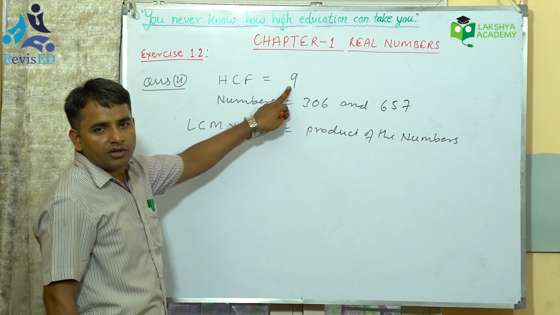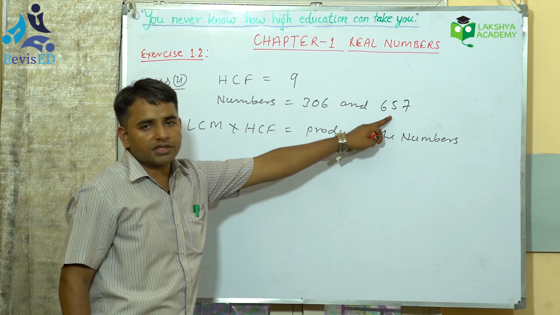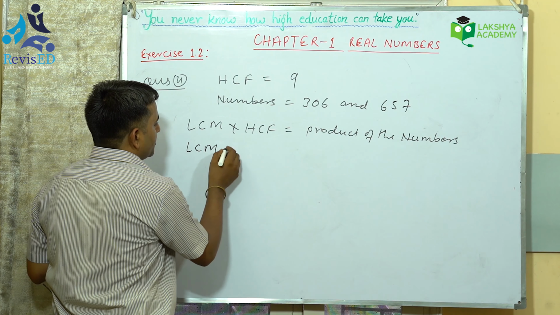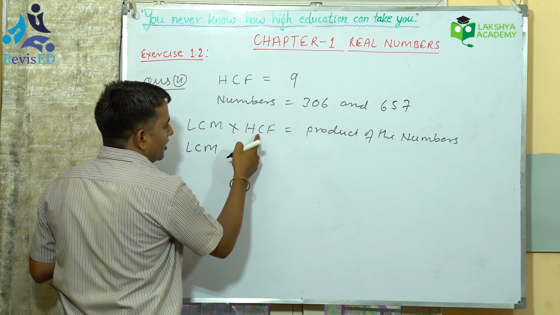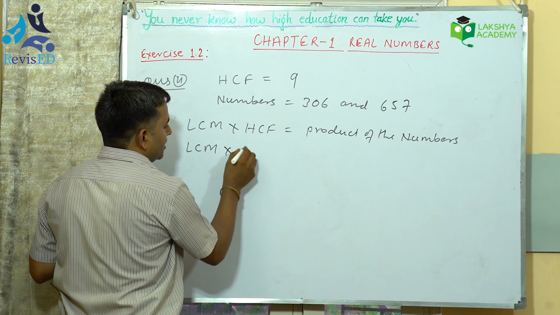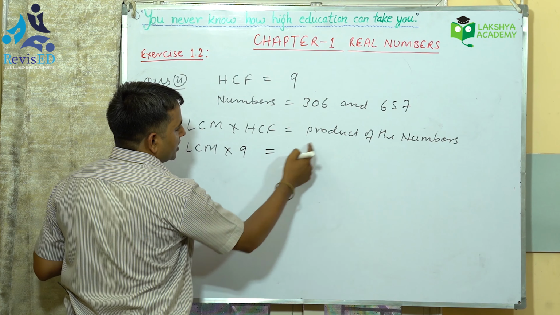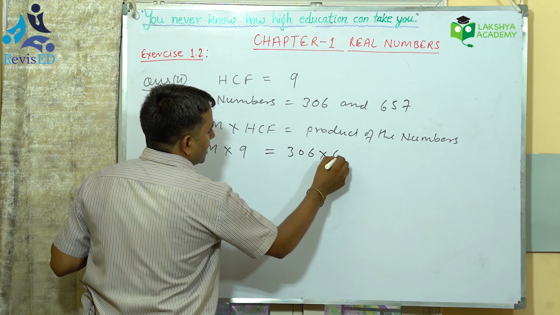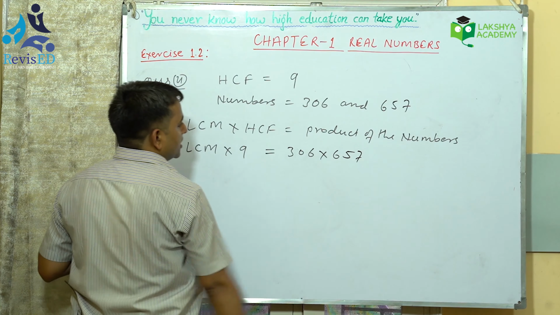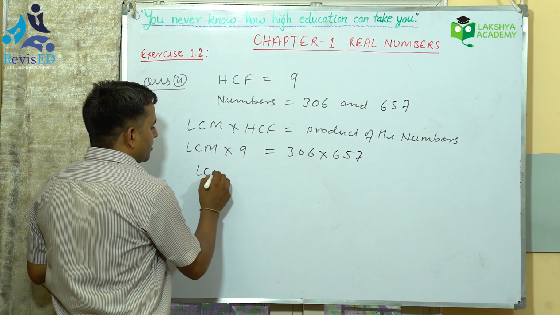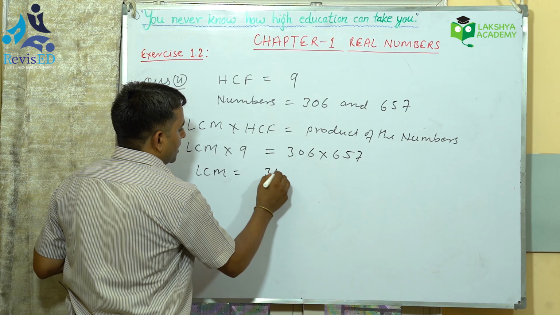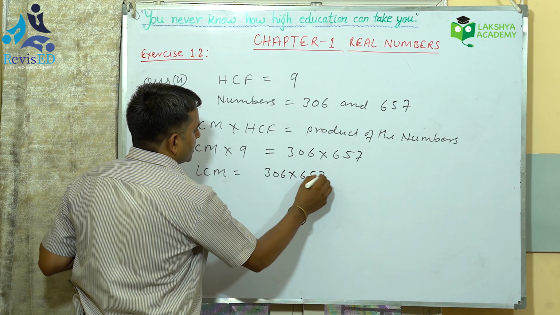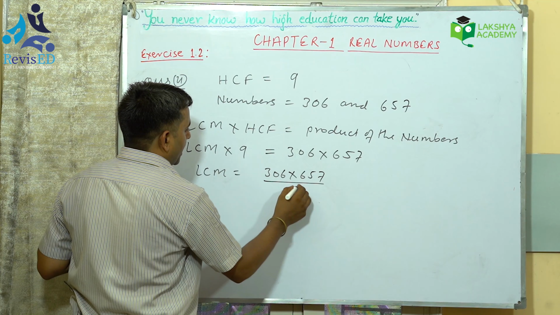The HCF is already given to us, the numbers are given to us, and we need to find the LCM. Substituting the value of HCF, which is 9, LCM into 9 equals the product of the numbers, 306 and 657. So the LCM would be equal to 306 into 657 divided by 9.